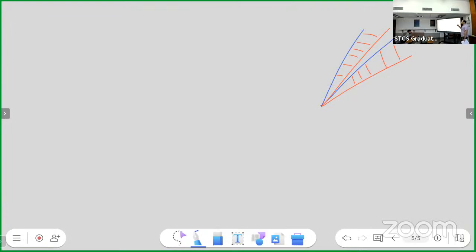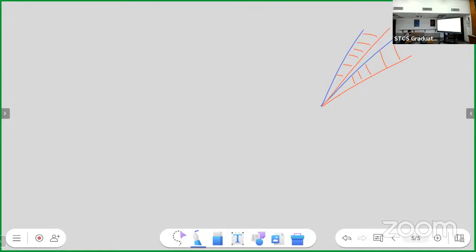In this example, what is your symmetric difference? This is it. But the origin will not be there, so it will not be a cone. Origin is included in the cone.